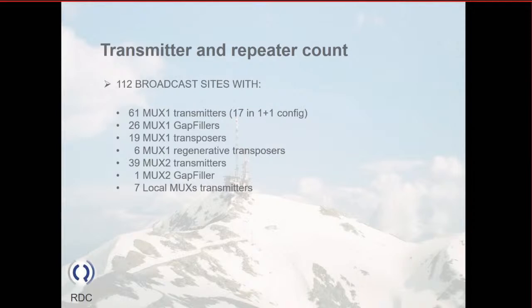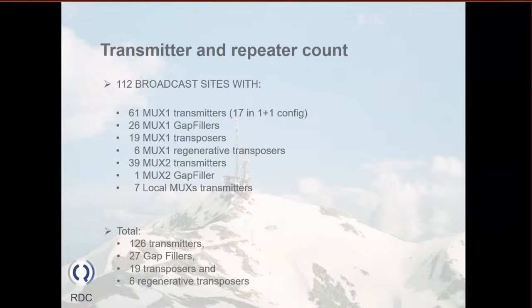We have 39 transmitters for MUX2 and 1 gap filler for MUX2 with 7 local MUX transmitters. Totally, we have 126 transmitters, 27 gap fillers, 19 transponders, and 6 regenerative transponders.